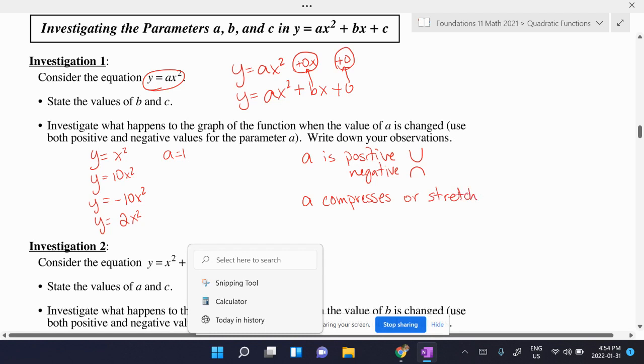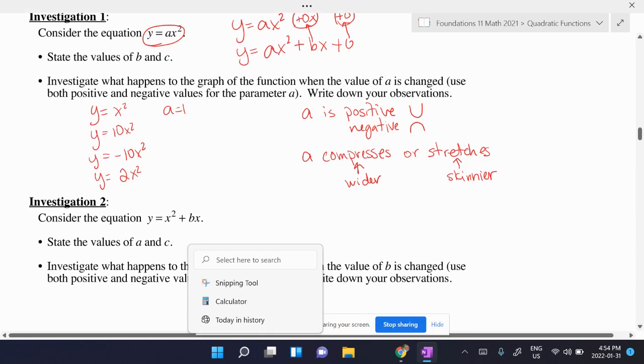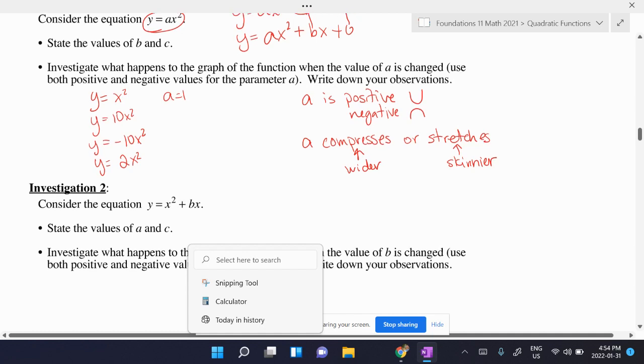Did I spell that right? So it might get skinnier, or it might get wider. And which one did you notice makes it go wider, and which one makes it go skinnier? Okay.